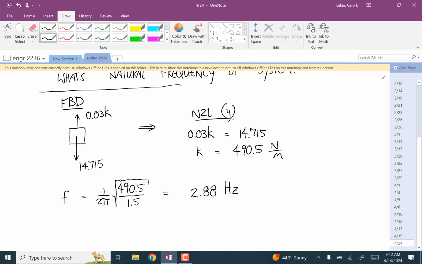That feels high. 490.5 divided by 1.5, square root, divided by 2, divided by pi. I got 2.88.